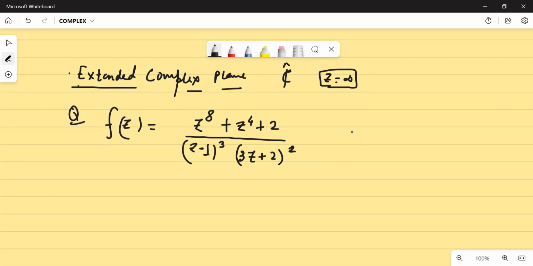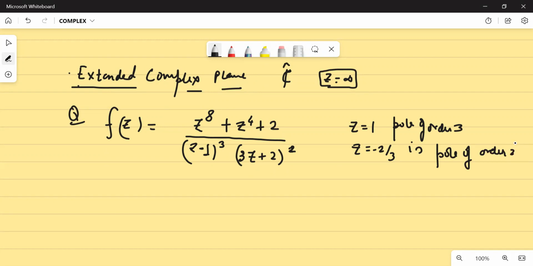It's fairly easy to see that z equals 1 is a pole of order 3, and z equals minus 2 upon 3 is a pole of order 2. I don't think there will be a problem in this.